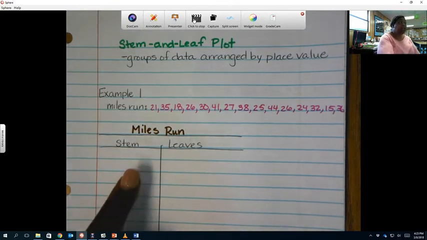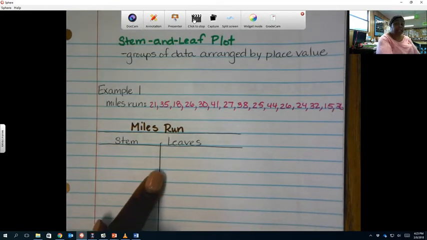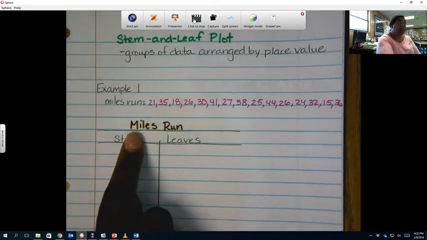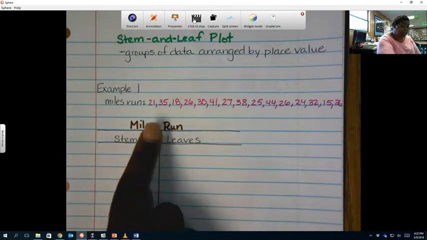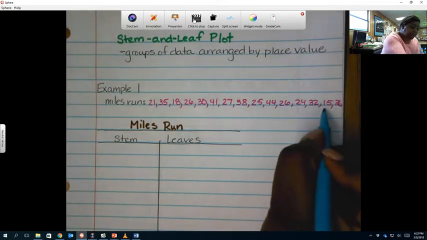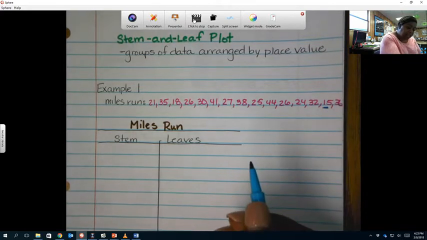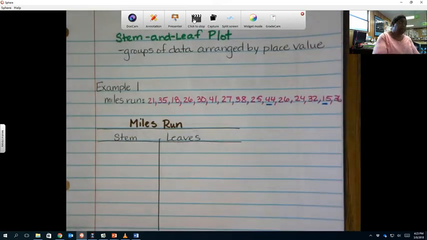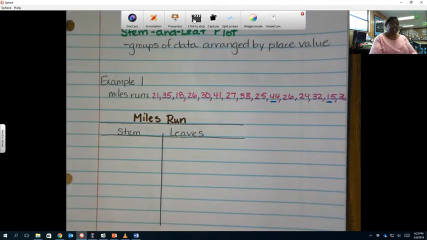So I can use a stem and leaf plot to organize my data. The first thing I'm going to do is I have a title here, miles run. Then I'm going to take a look at my data. I'm going to find the smallest number in my data, 15, then the largest number in my data, which is 44. So I'm going to organize my stems and my leaves by place value.